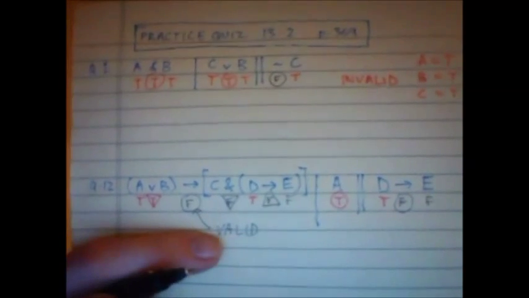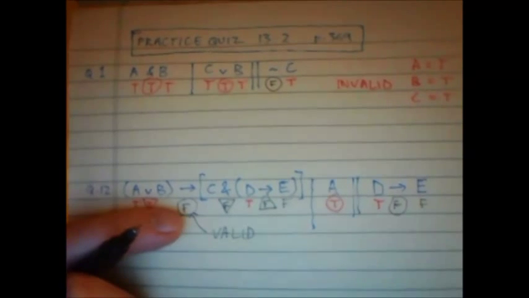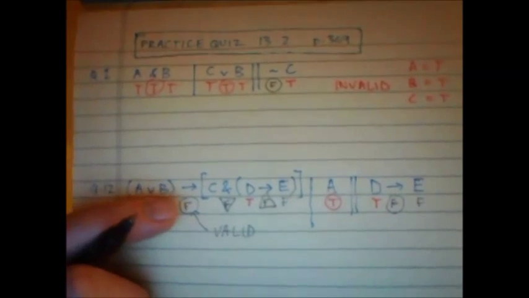So what we do is we write a false under the main connective, which is the conditional, circle it, and then we draw an arrow going to that false, the part where we failed to make all the premises true and the conclusion false, and we write valid. Like that, right there. So you say valid, and you draw an arrow to the part of the argument that proves this. In this case, it's this premise being false.